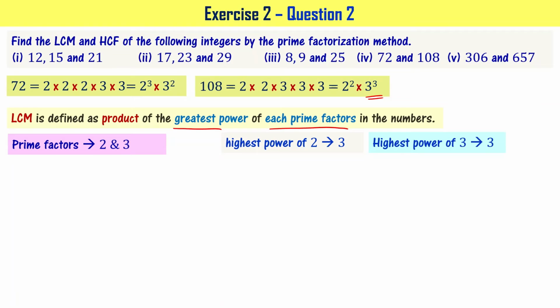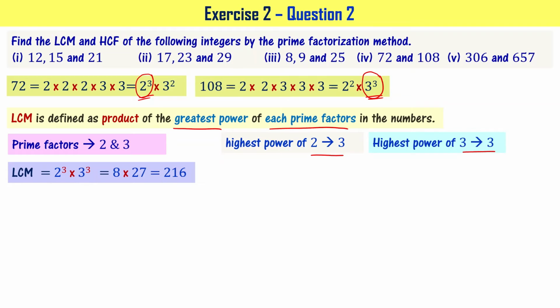Here we have 2 cube, and this is 3 cube. That's why highest power of 2 is 3 and highest power of 3 is also 3, right? So LCM is going to be 2 cube times 3 cube. It is 8 times 27, that is equal to 216, right? LCM of given numbers is 216.